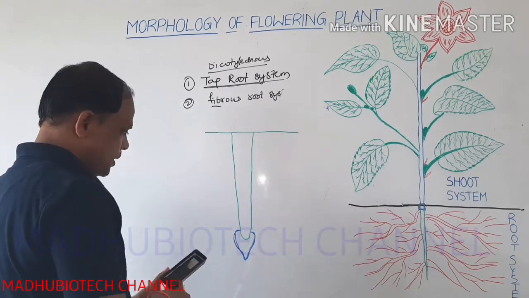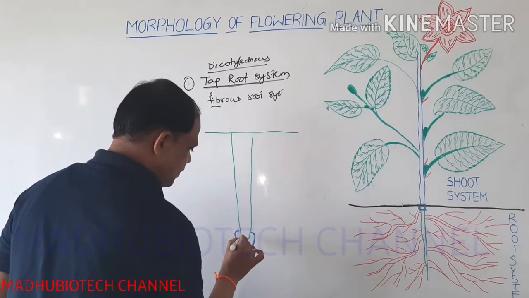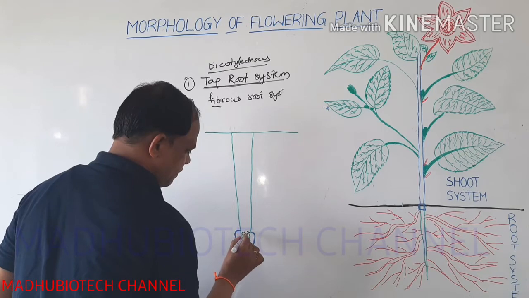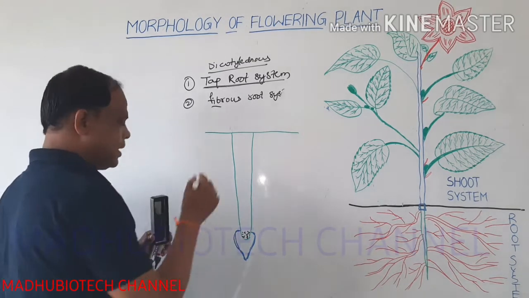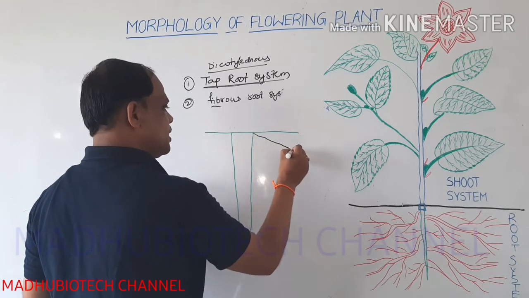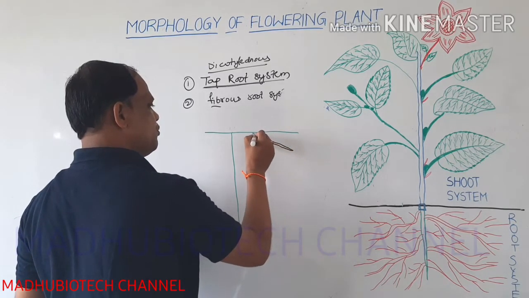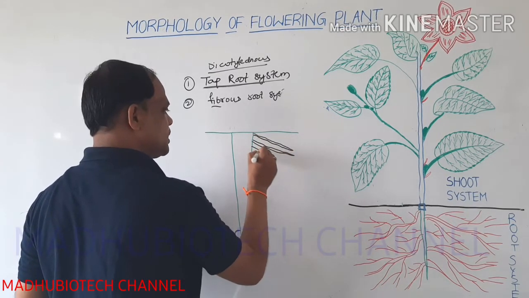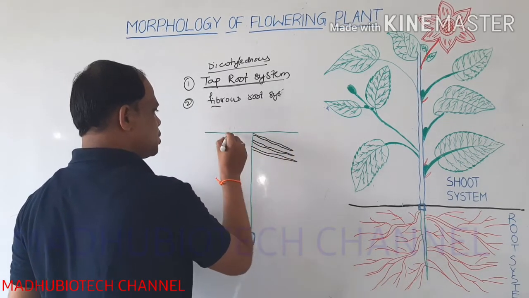Okay, and this is the structure of the root system. Here, the root system mainly contains four parts, four regions. One is the root cap.